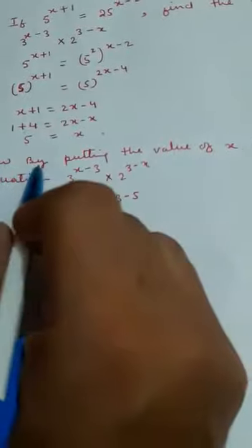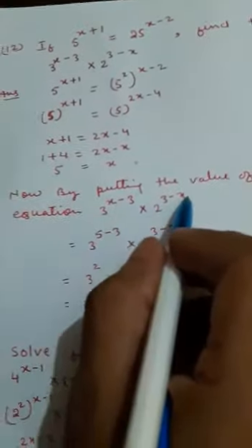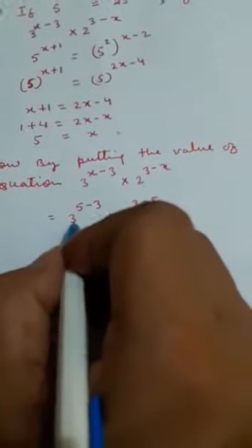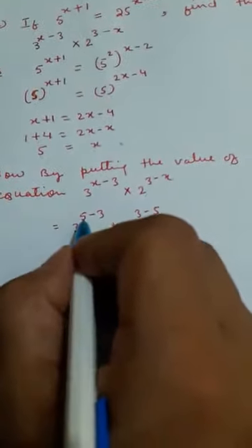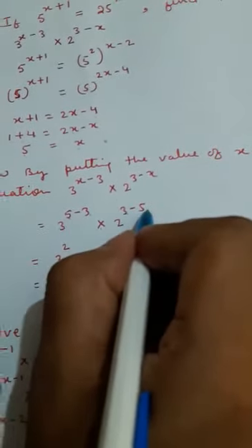Now we have to put this value. By putting the value of x in the given expression, 3 power x minus 3 into 2 power 3 minus x. Let us put in their values. 3 power, in place of x we will write 5 minus 3, into 2 power 3 minus 5.